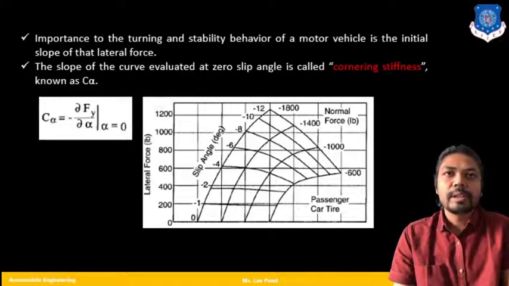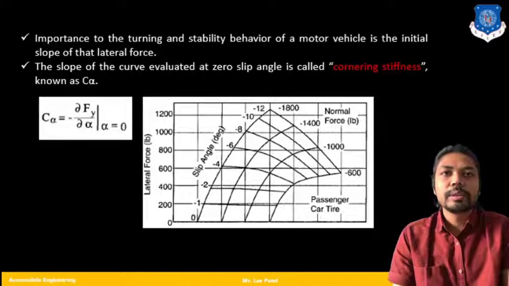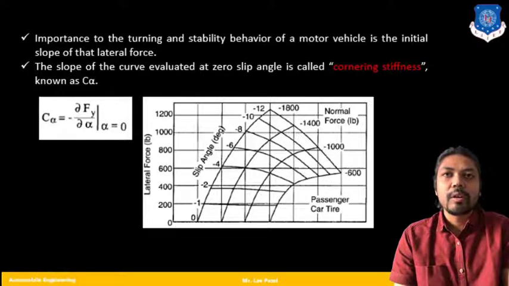Here one more graph is there, of lateral force against slip angle and normal force, in pounds. If I say that the slip angle of my passenger car tire is 4 degrees, at that time my lateral force is about 600 pounds, and the normal force acting on my car body is 1800 pounds.